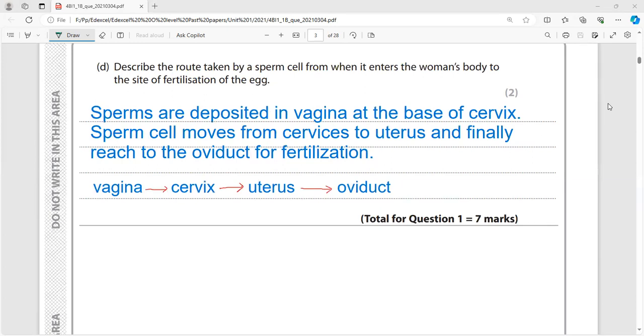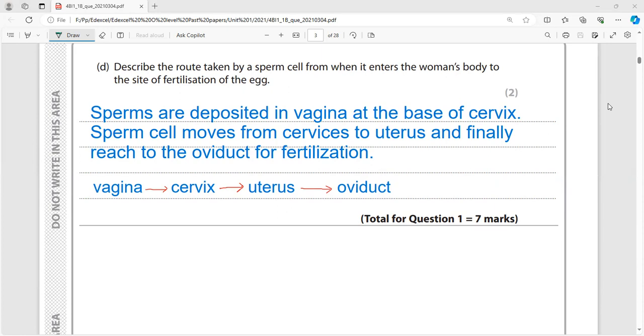Describe the route taken by the sperm cell from when it enters the woman's body to the site of fertilization of the egg cell. In this question, you need to explain the correct route, and you need to give the names of the correct different parts. That consists of 2 marks. For example, first, the sperms are deposited in the vagina at the base of the cervix.